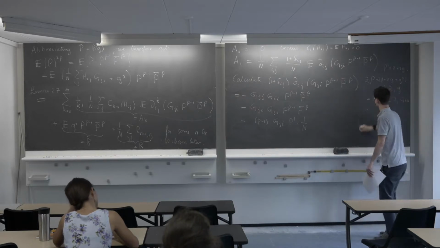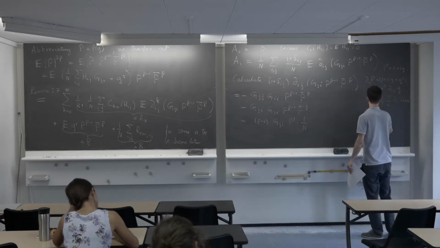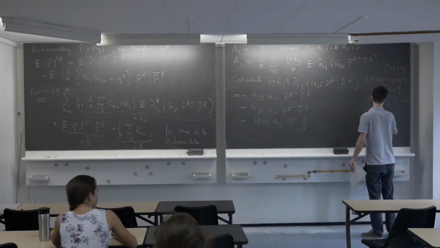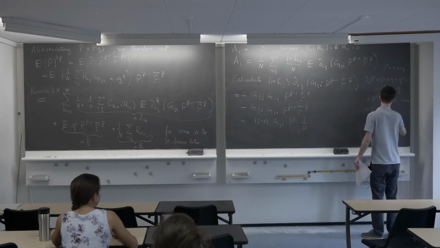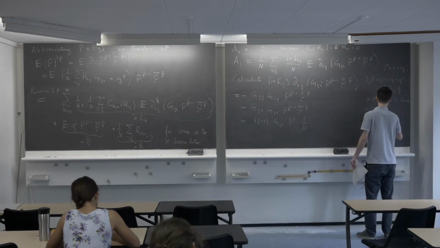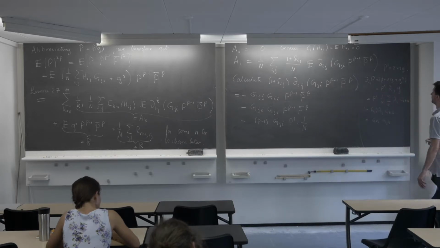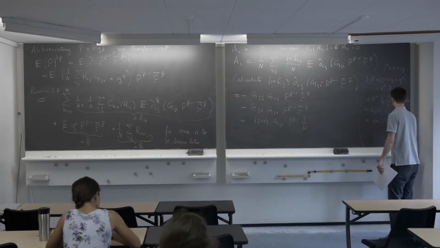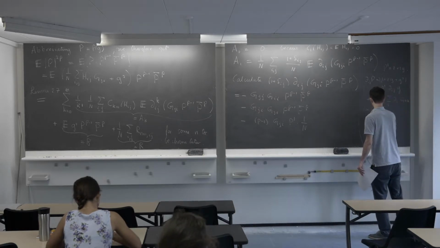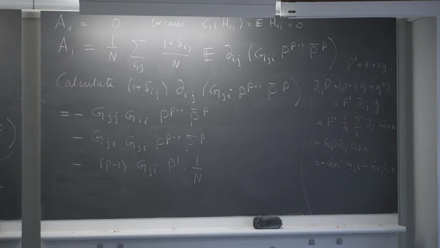I will write these little calculations on the side. I don't want to interrupt the flow of the main calculation. So this is equal to g_ki g_jk, and then I get minus g_kj g_ik. Okay?